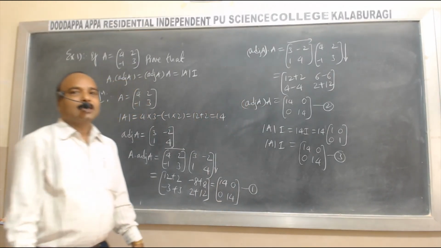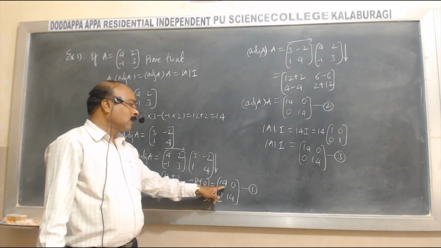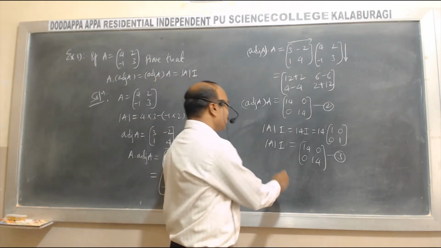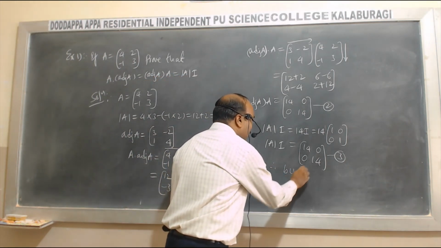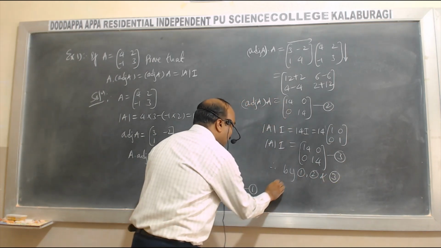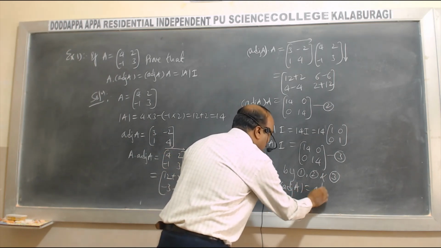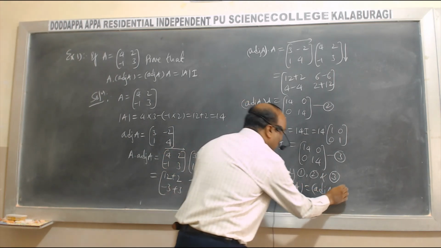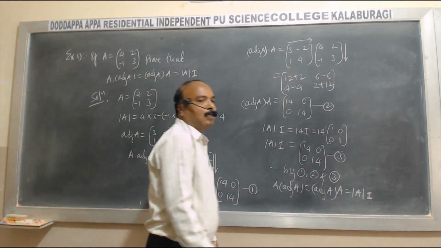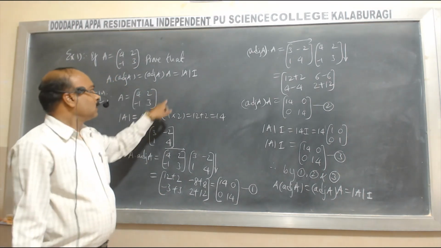Now by observing equations number 1, 2 and 3, we observe that all the right hand sides are equal, [14 0; 0 14] only. Therefore, we conclude by 1, 2 and 3 that A into adjoint of A equal to adjoint of A into A is equal to determinant of A into I, which is the proof of this theorem by using this given matrix.